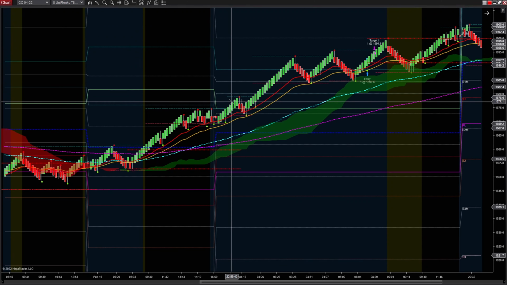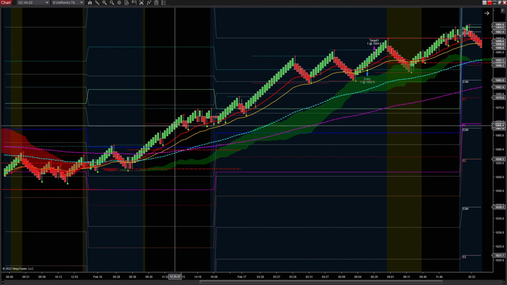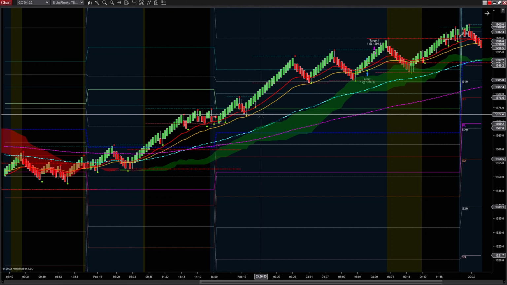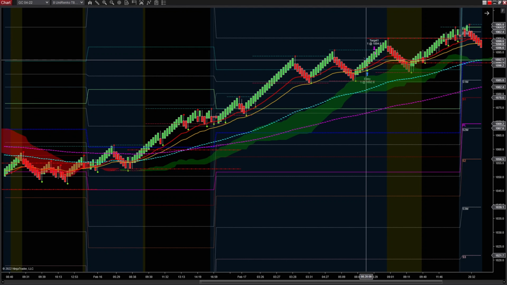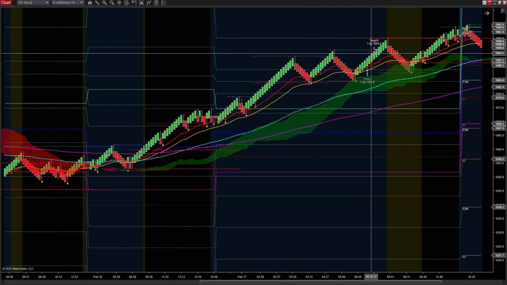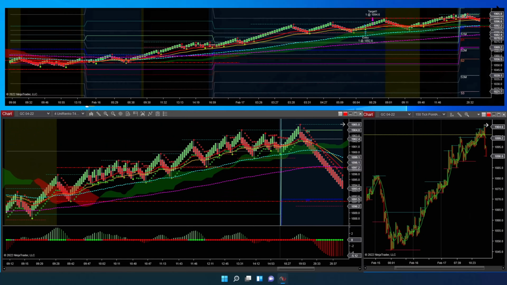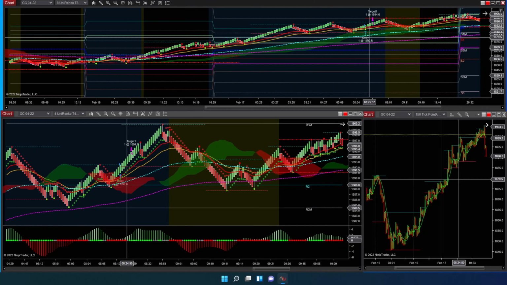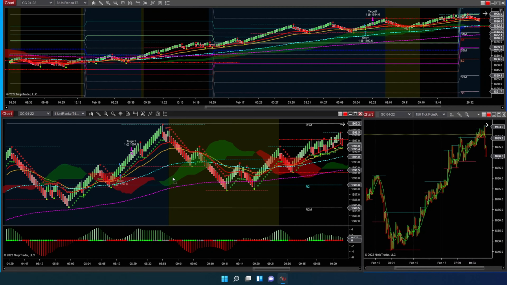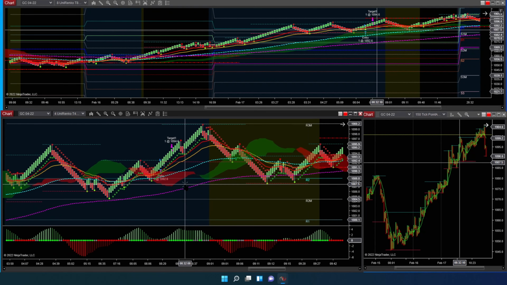Then on Thursday, before the market opened, I made one trade here for $200. Let's see what the chart is saying here in the entry chart.